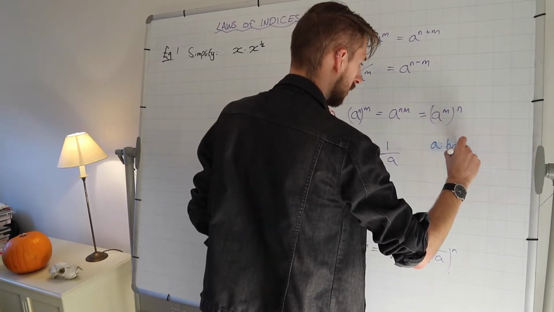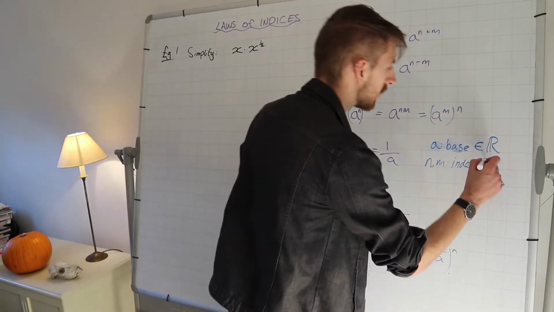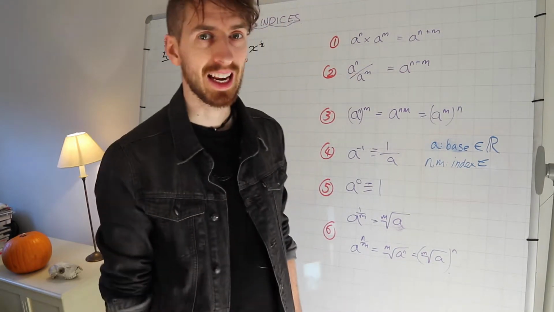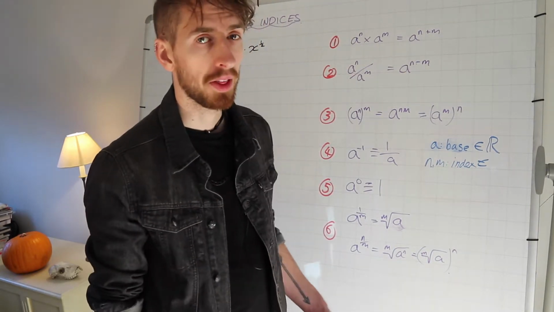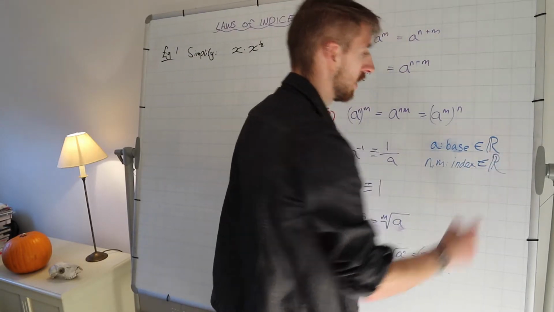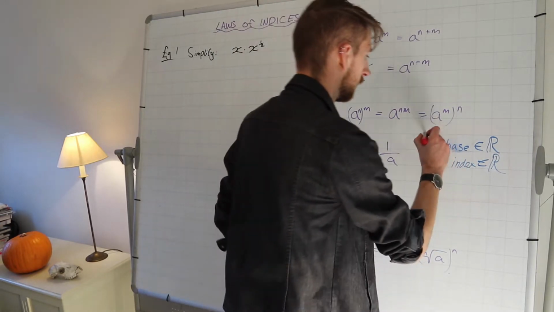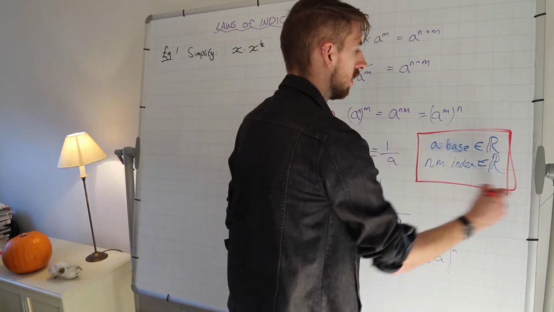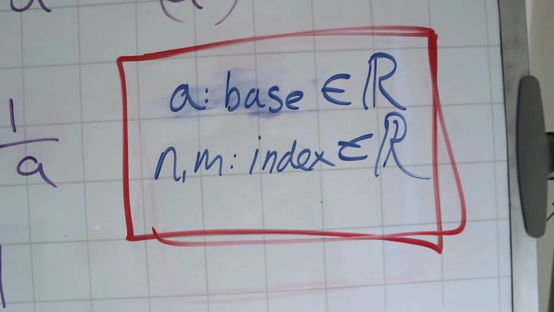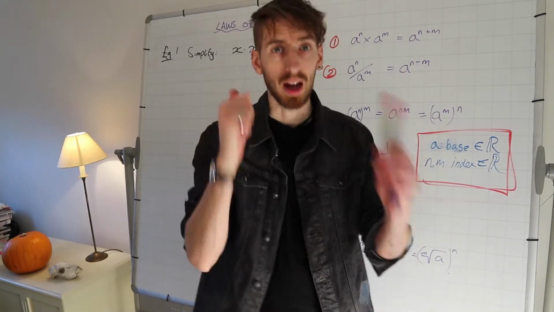N and M are the indices, and they similarly can be any real number, but in A-level maths you'll pretty much only see them as quotients. So I'm just going to write any real number there, for the sake of simplicity. What that means is that you can apply them to absolutely any situation that you come across in A-level maths. Right, back to this example.